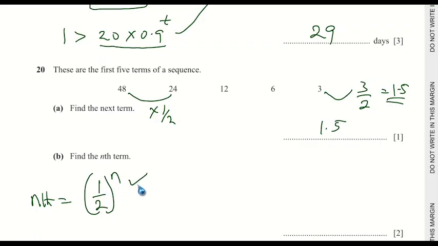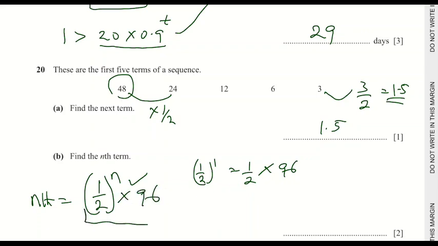You have 1 over 2 to the power of 1, which is 1 over 2. But we want to get 48, so we need a number that is twice 48, because this is multiplied by half. A number twice 48 is 96, so we need to multiply this by 96. That is when the nth term will be okay.